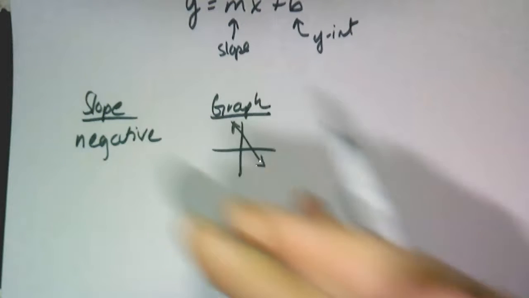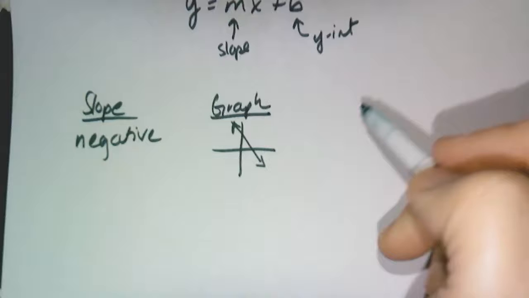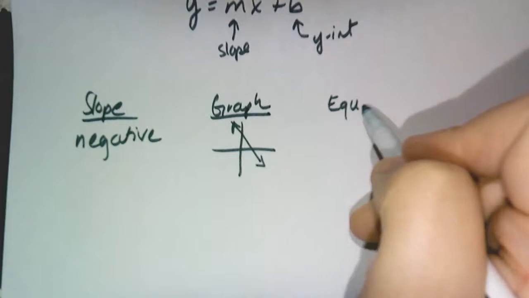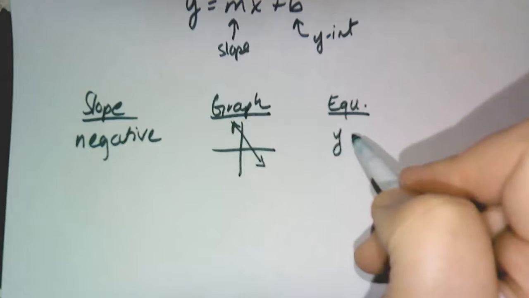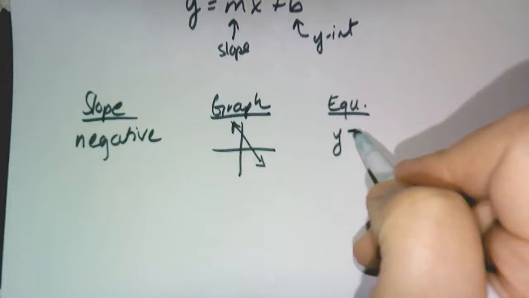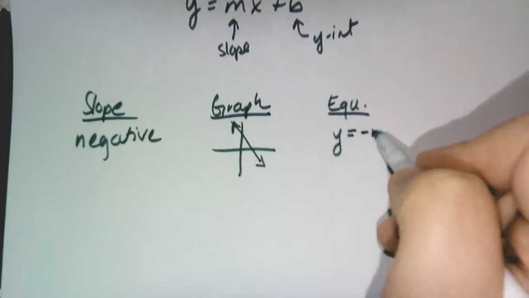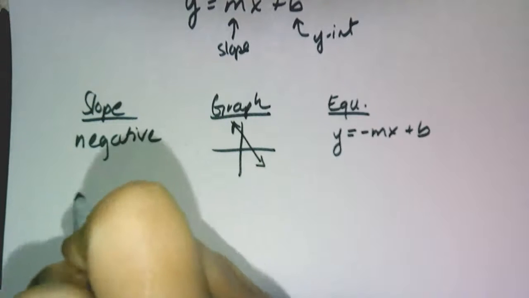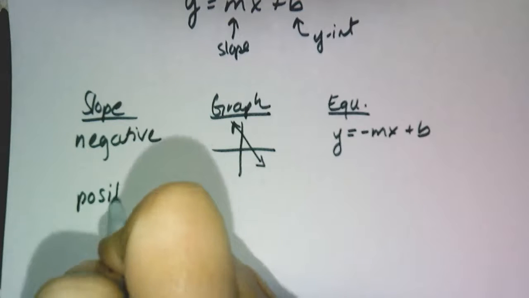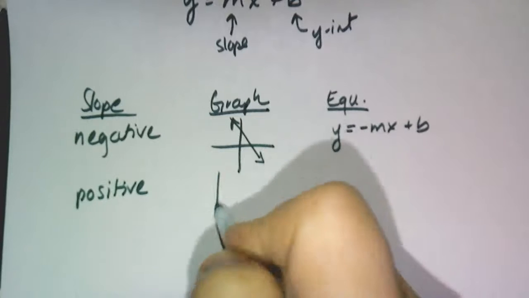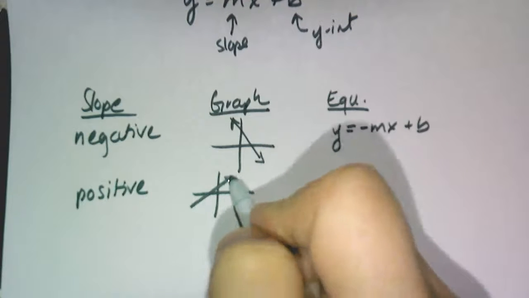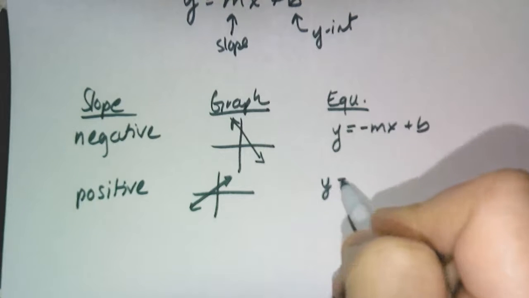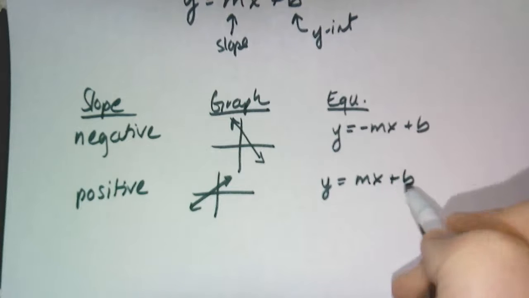That would be a negative slope. In your y equals mx plus b equation, you would have y equals negative mx plus b. The slope has to be negative. Okay, so you look for that. And obviously, you could have positive slope, which would be going up. Your slope would be positive in your equation.